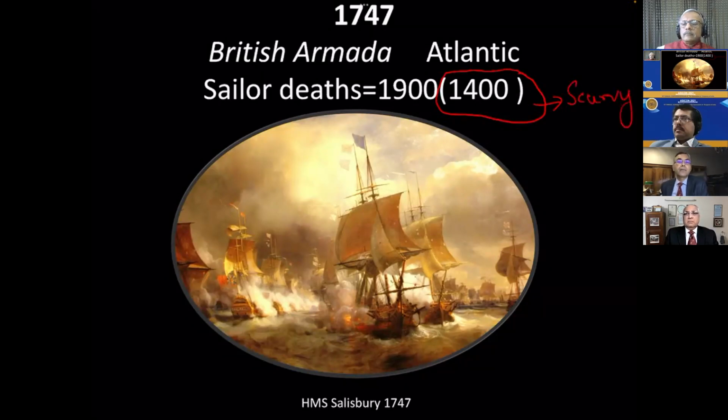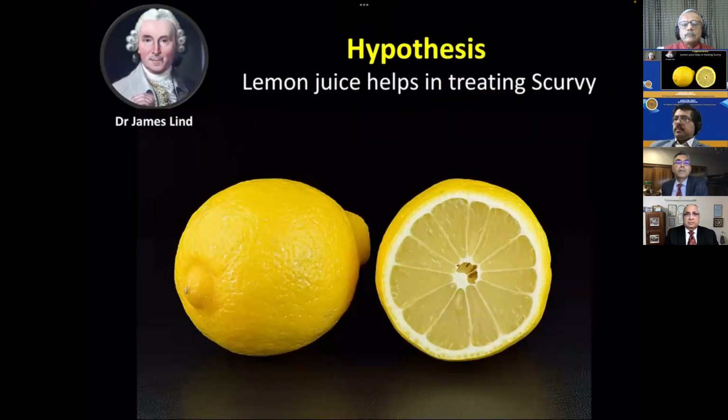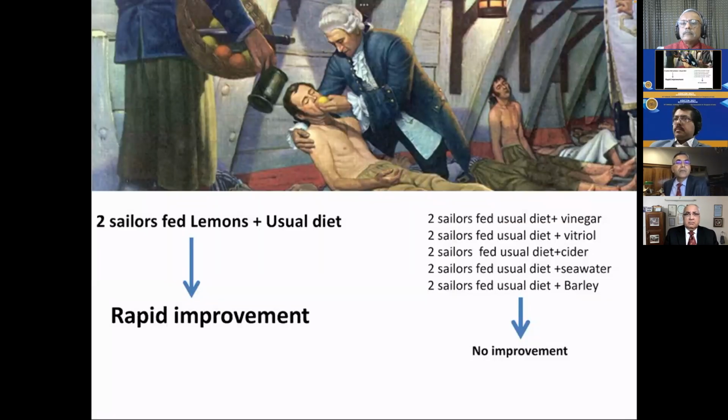I have a bad handwriting. And what was interesting was that a doctor on the ship by the name of Dr. James Lind heard that having lemons for food or as a part of the diet could help in treating scurvy. And as a part of one of his trips on a ship, he did an interesting experiment. It was called an experiment in those days.